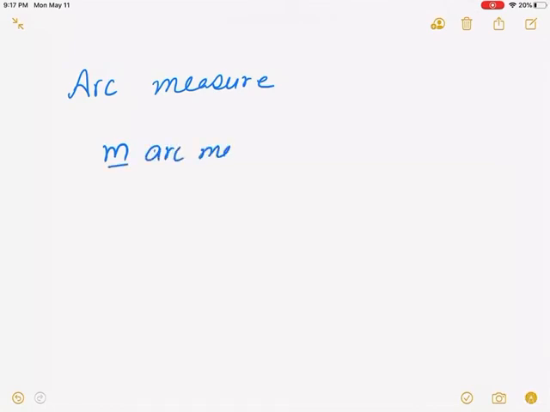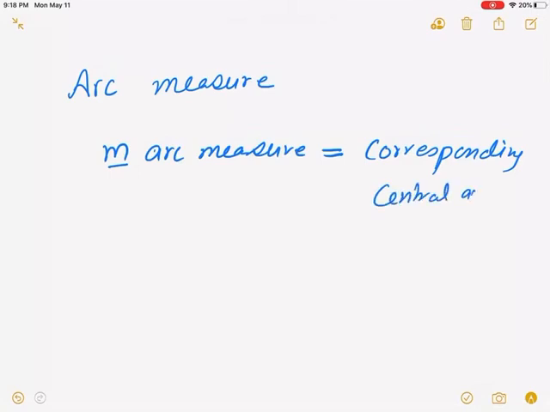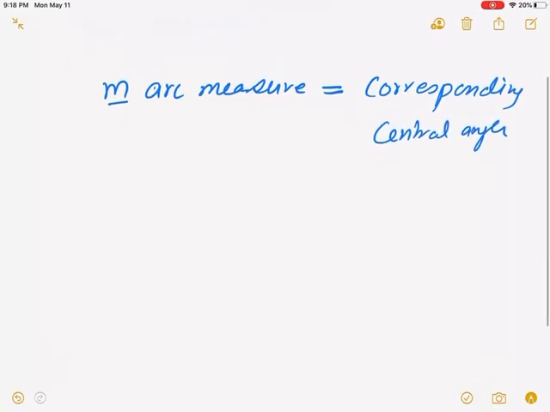The arc measure is always going to be equal to the corresponding central angle. Okay, so let me show you an example.